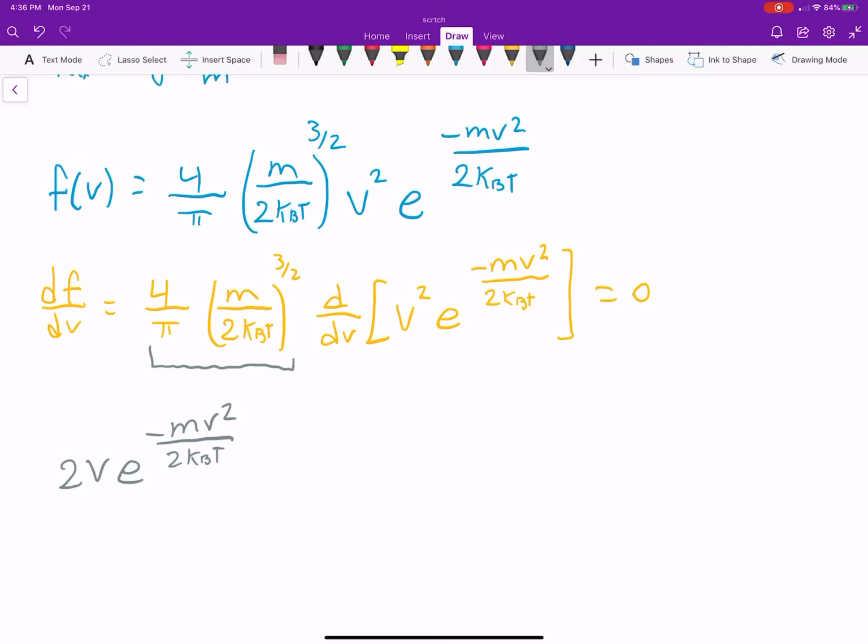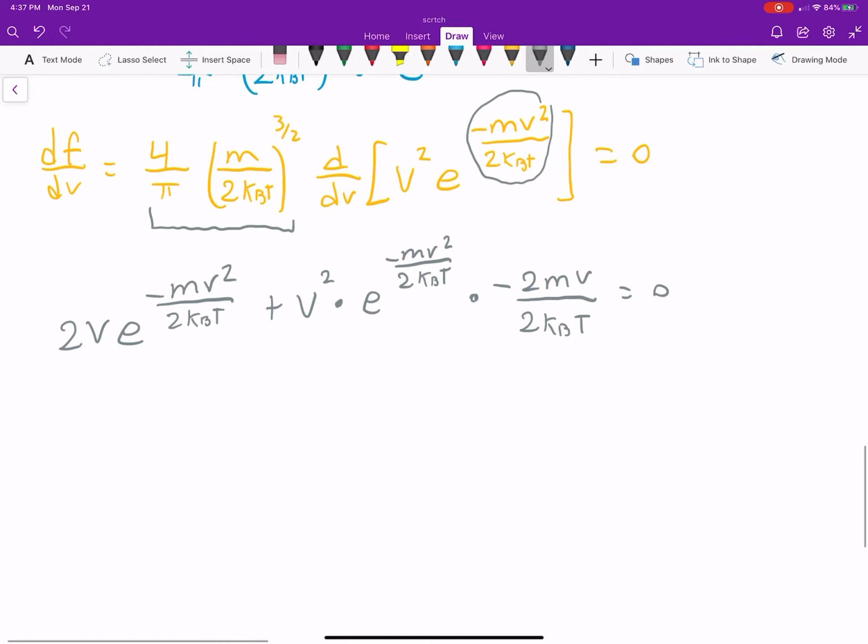So plus v squared times the derivative of e to all this. Well, it's going to be just e to all that times the derivative of up here, which is going to be minus 2mv divided by 2kbt, and that's still equal to 0.